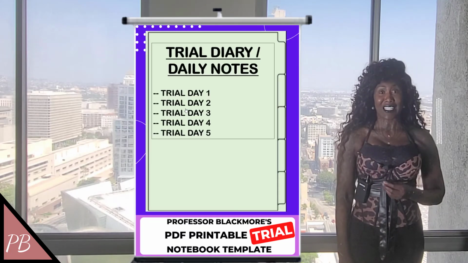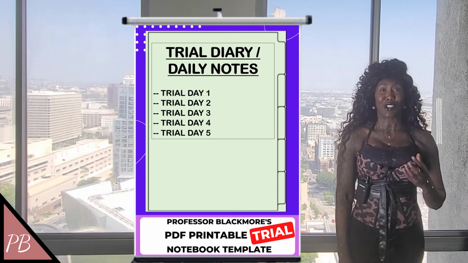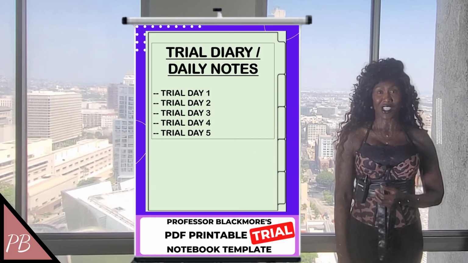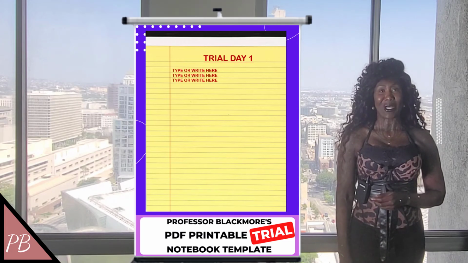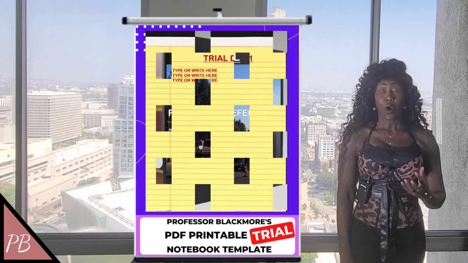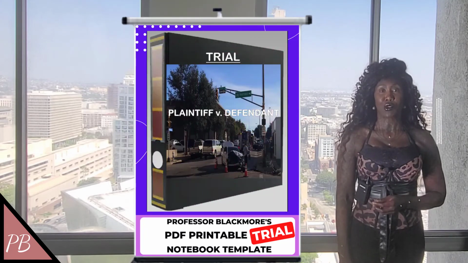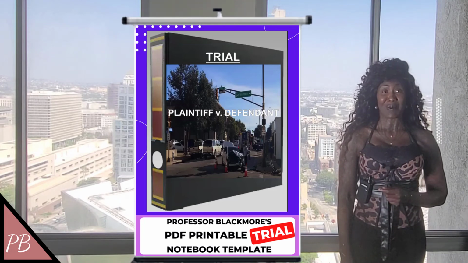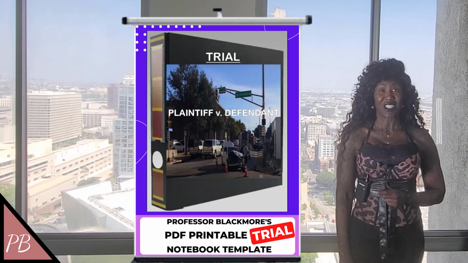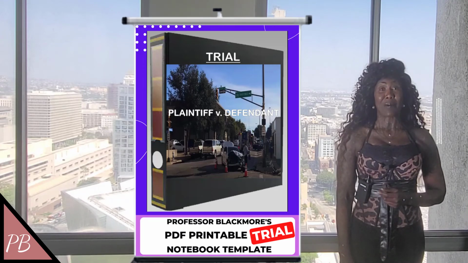And then the last section is our trial diary daily notes section. And we've included a copy of Professor Blackmore's yellow pad notebook template here, where you can write or type your daily trial notes.